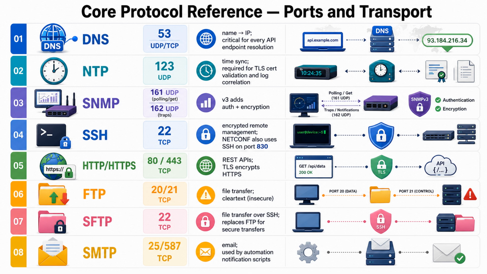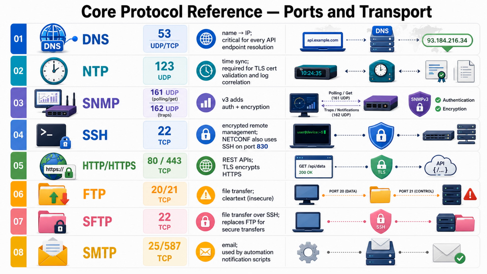FTP uses two TCP ports, port 21 for the control channel where commands are sent, and port 20 for the data channel where file content actually flows. FTP sends everything in clear text, credentials and data both. So avoid it in any security-conscious environment.